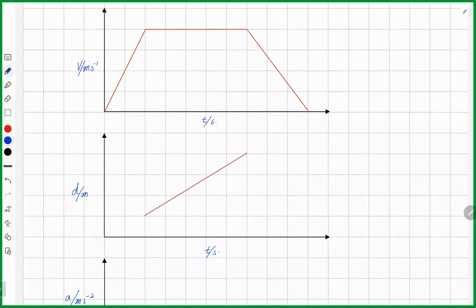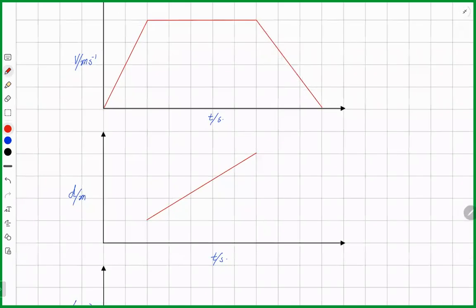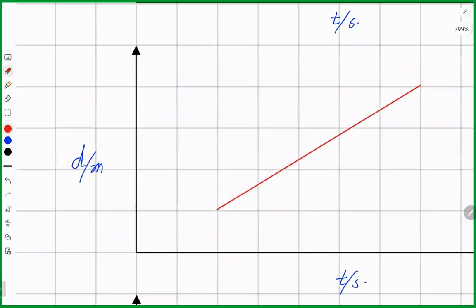Now, how should the graph look in the first part? It should have an increasing gradient in the beginning.